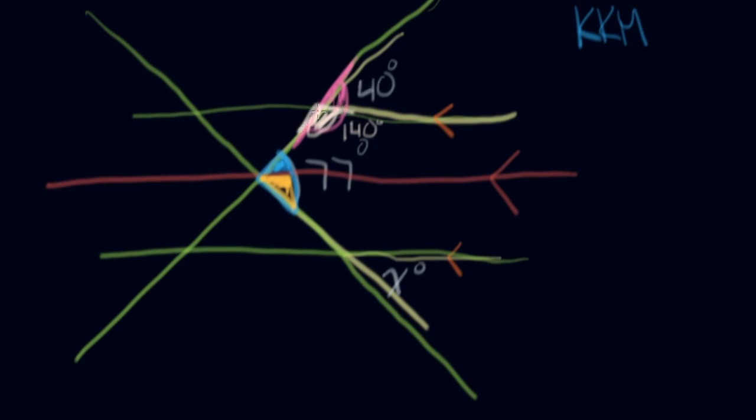If this is 140 degrees, what does this little blue piece here have to be using transversal laws? Remember, this makes 180 degrees. Well, that means this part here has to be 40 degrees. Well, that was exciting. And if that piece is 40 degrees, this little piece here is 40, right? This little piece here is 40.